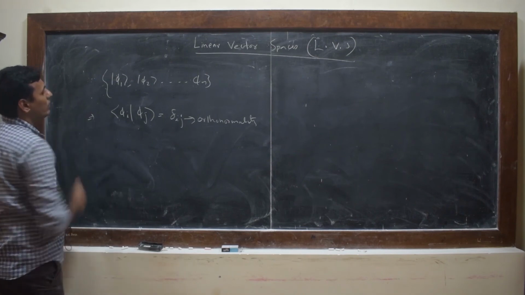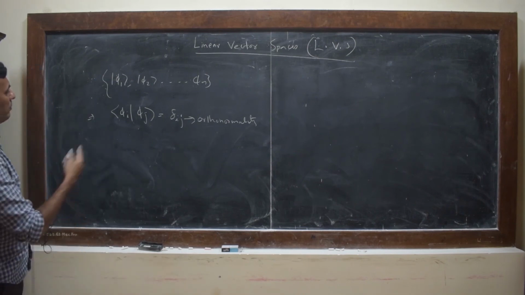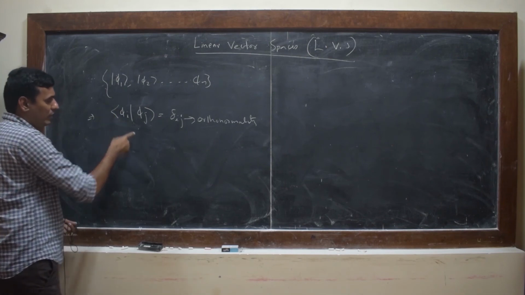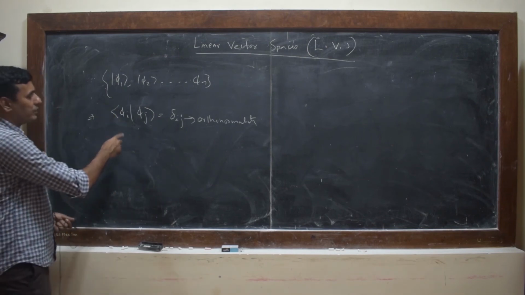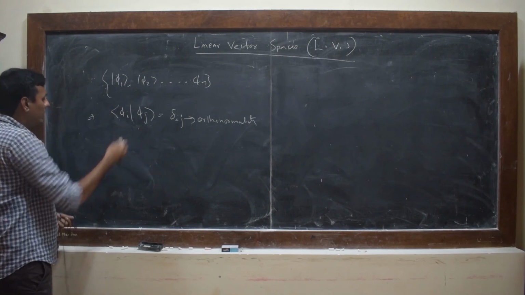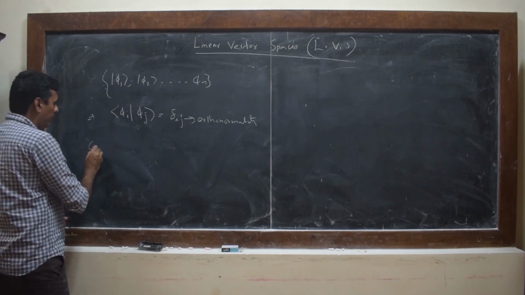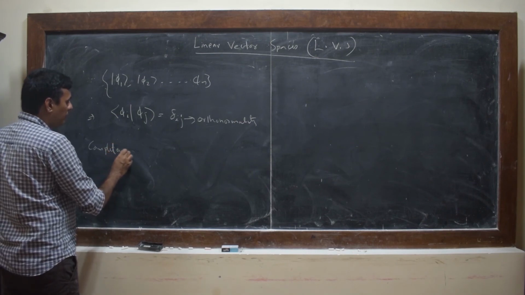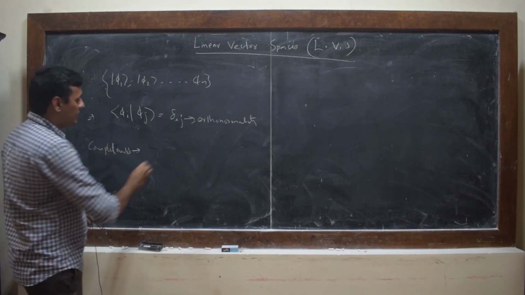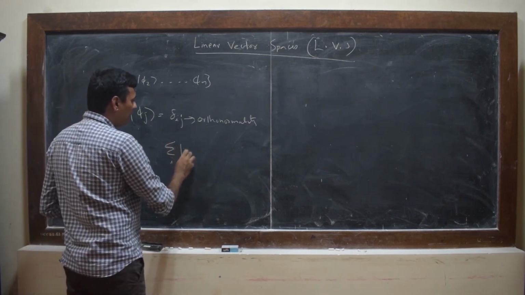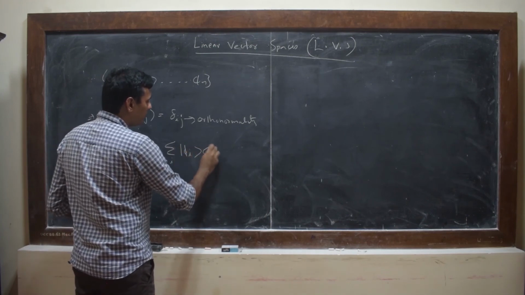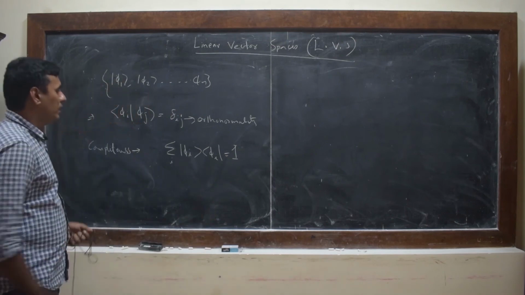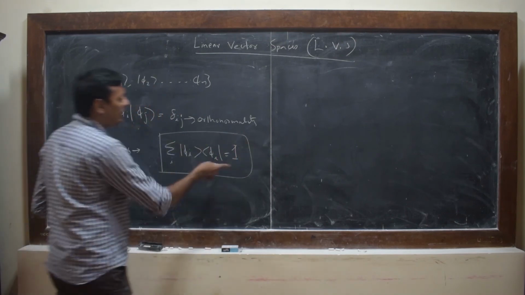And now there is another property. Suppose you have a basis and that is orthonormal, then you have another property which is called the completeness. Completeness says that the summation over phi i phi i is identity.